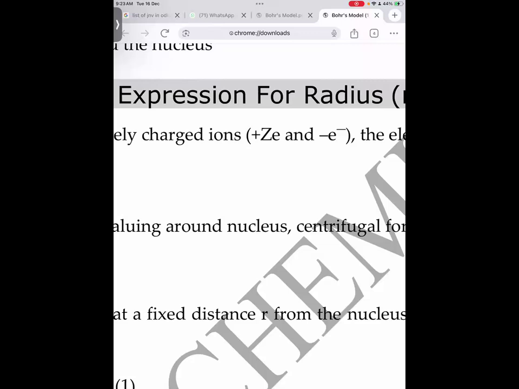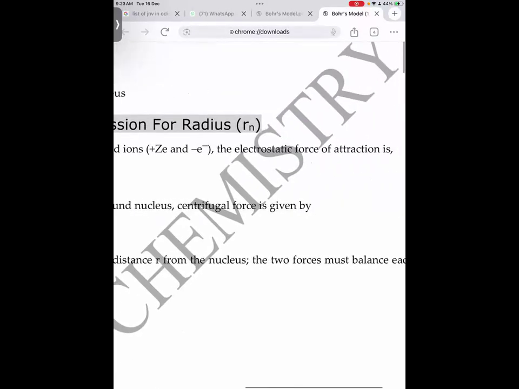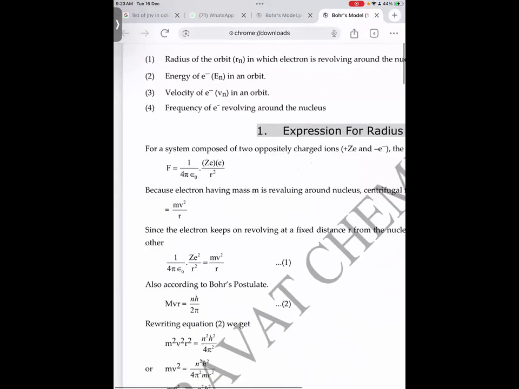So Z is the atomic number. The electrostatic force of attraction is the product of the charges over the square of the distance between them.